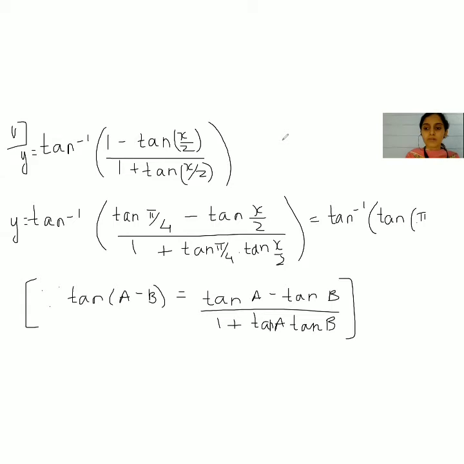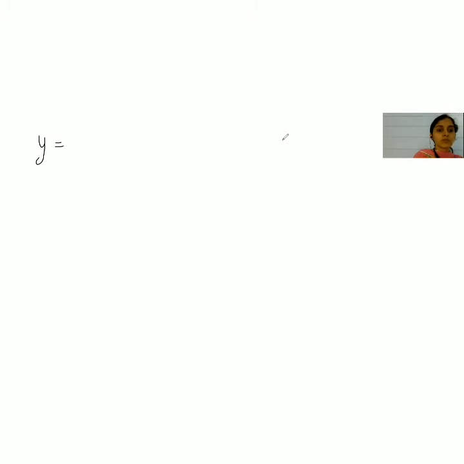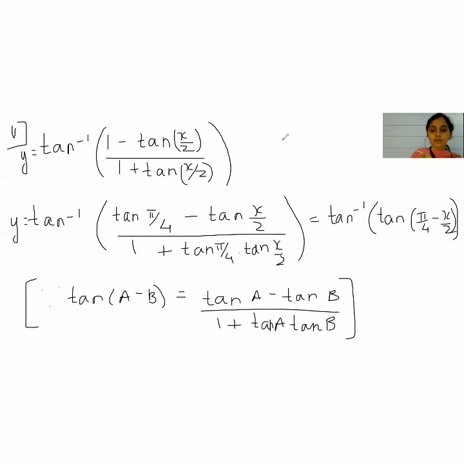We have pi by 4, and B is x by 2, right? So our y function has changed into a tan function. So we can write this as y is equal to tan inverse of tan of pi by 4 minus x by 2.